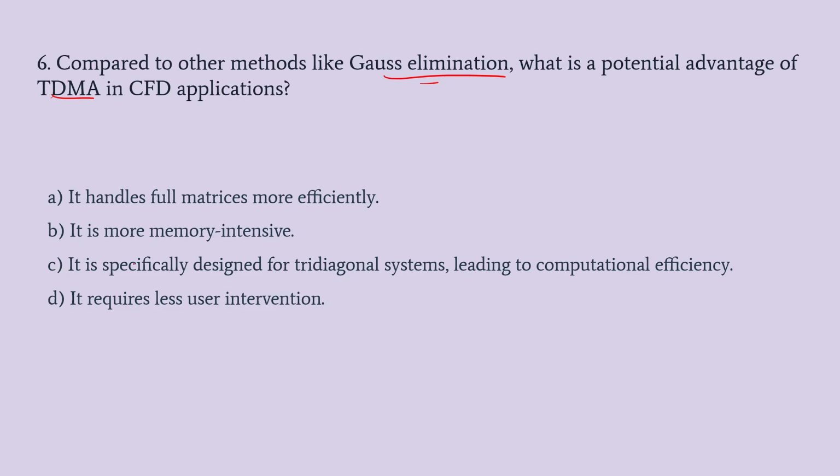Option C, it is specifically designed for tridiagonal systems, leading to computational efficiency. Option D, it requires less user intervention. So, when compared to Gauss elimination, what is the main advantage of the TDMA method? Try to answer the question.